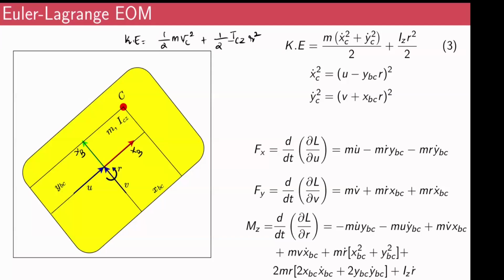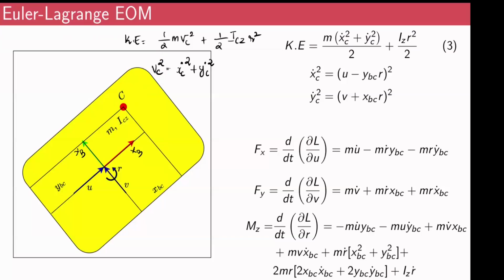But how do you define this Vc? Vc square is xc dot square plus yc dot square. Xc dot is the linear velocity of point C along the x-axis, and yc dot is the linear velocity of point C along the y-axis, and the resultant of the two gives you the total resultant velocity Vc.